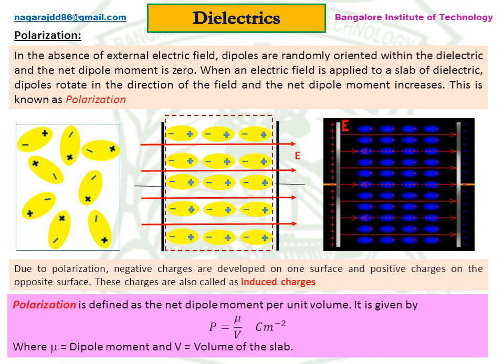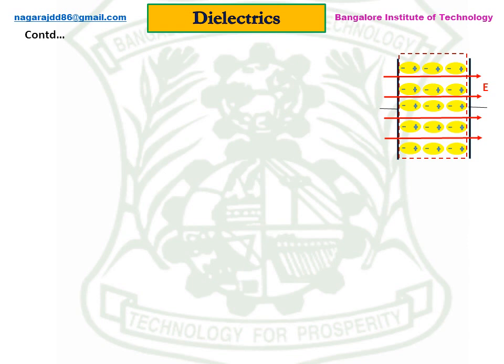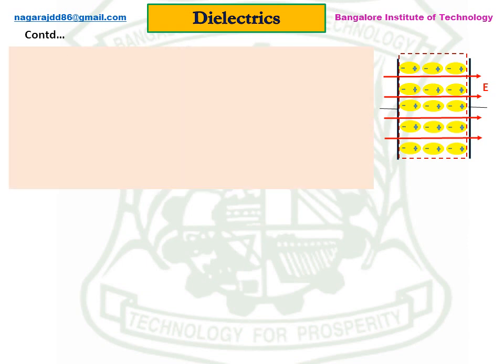Now comes the mathematical definition of polarization. Polarization is defined as the net dipole moment per unit volume, that is mu divided by V, where V stands for volume of the slab. Polarization depends mainly on two terms, which are applied electric field and number of atoms or molecules per unit volume.